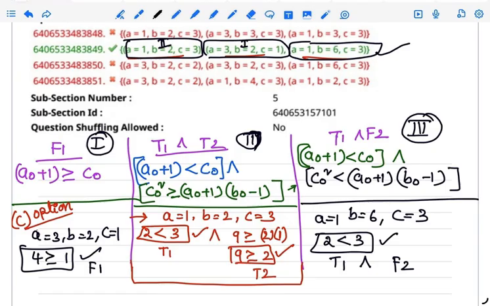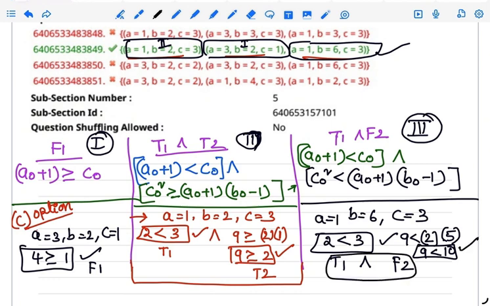So for F2, C0 square, 9 less than A0 plus 1, that is 1 plus 1, 2 times B0 minus 1, 5, that is 9 less than 10. Correct, right? So these two conditions are also satisfied.